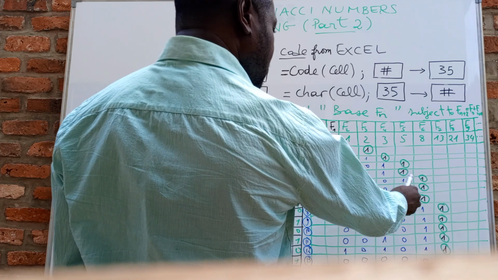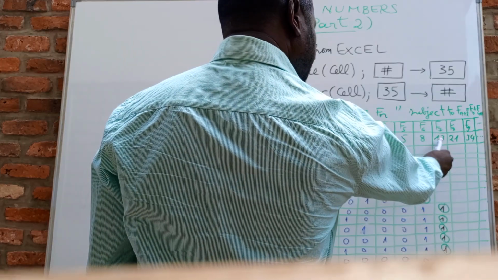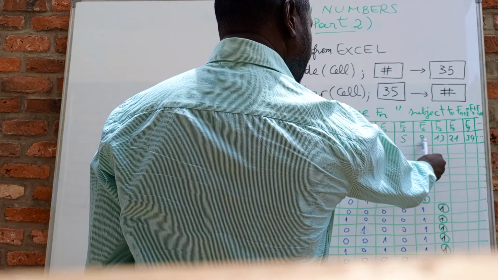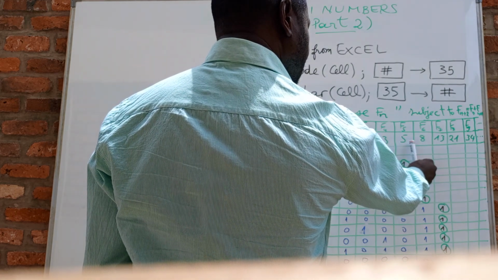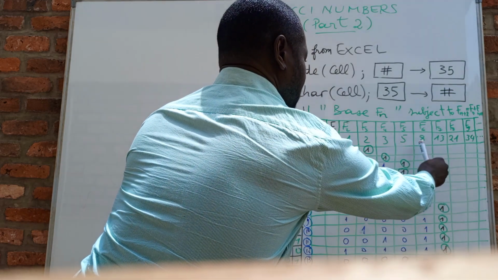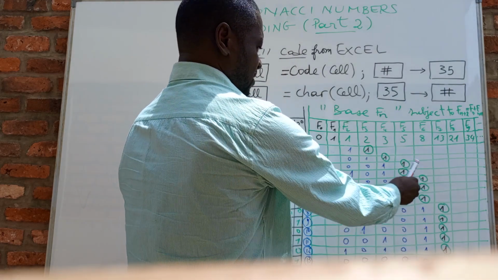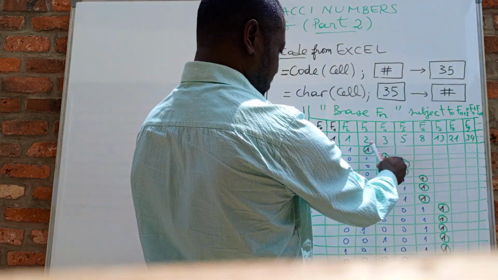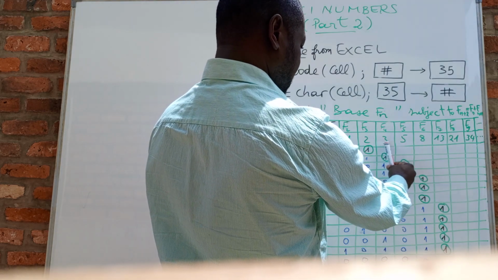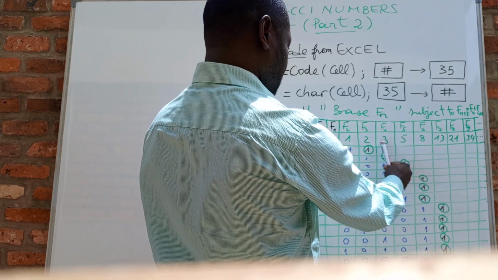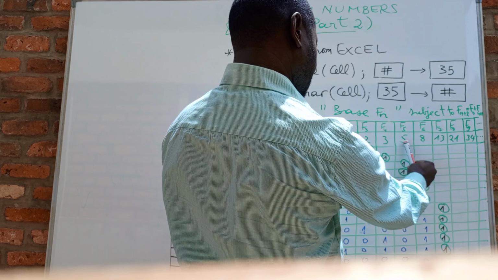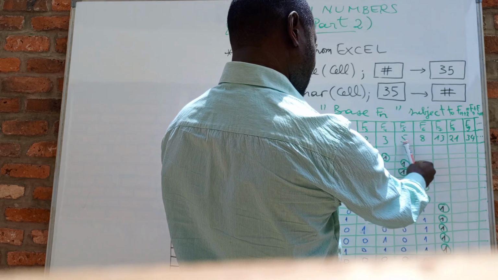So let us take, for example, 8, and let us see how we can express it as a combination of two successive numbers in the series. For example, suppose 5 and 8.